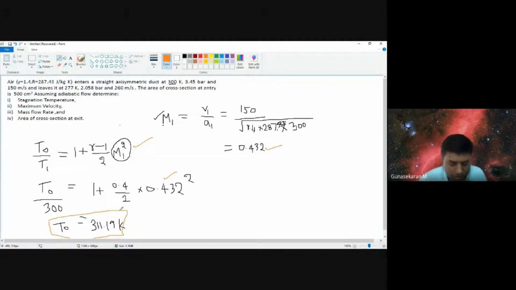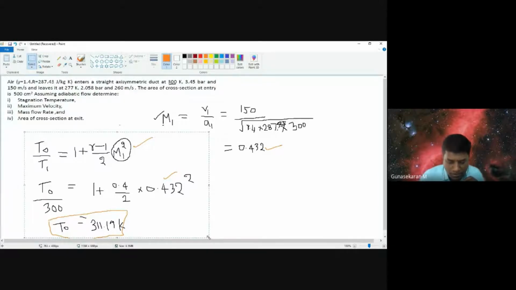You can verify this value from your side. If you find anything different, let me know. So with this, we got the answer for the first question.